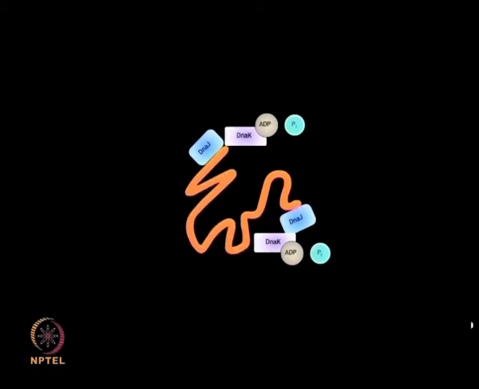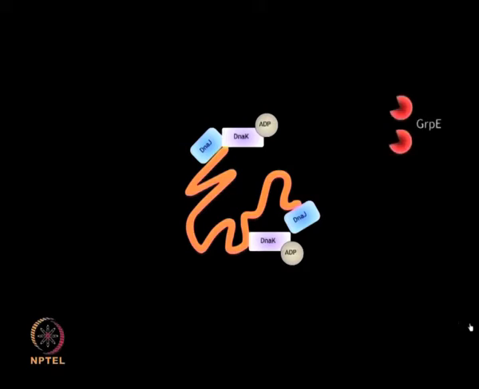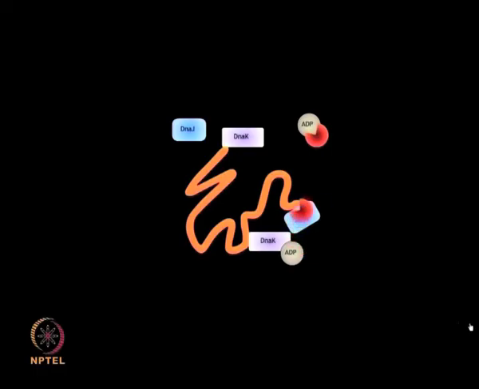This resulting DnaK-ADP remains tightly bound to the unfolded protein. The nucleotide exchange factor GrpE present in bacteria facilitates release of ADP along with DnaJ.